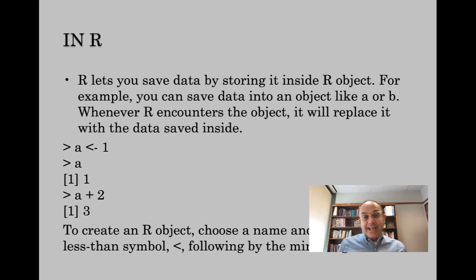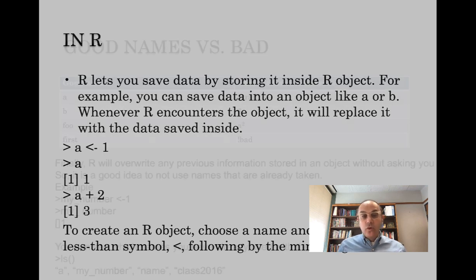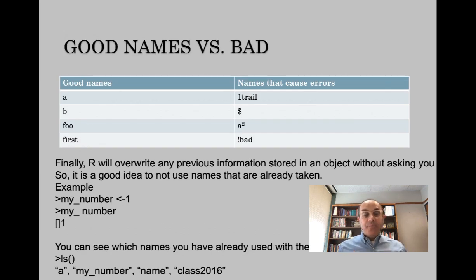So in this case, the A is the content of A at 1, and so in this case I can add A plus 2. Bad names versus good names. Good names usually are short and easy to remember.